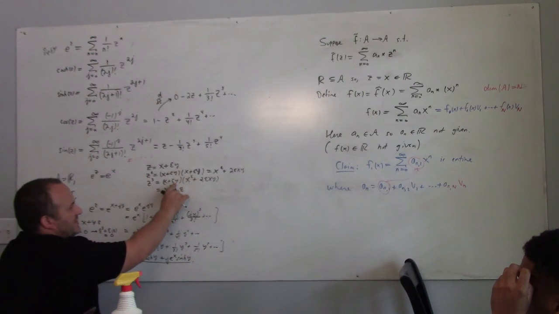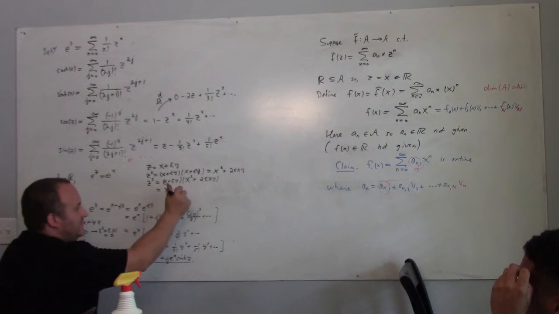I think it's always yx squared, isn't it? So it's 3 x squared y, right?